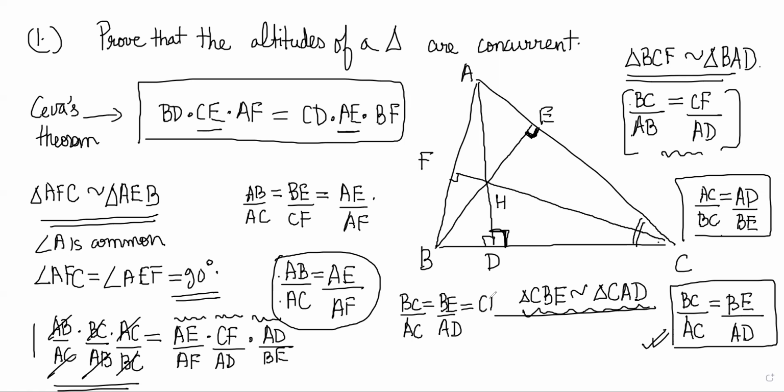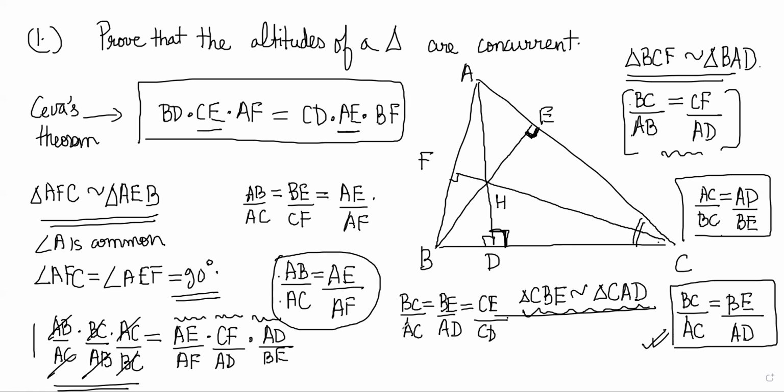This is CE by, and in the other triangle CAD, opposite to angle A would be CD, right? Correct. So we get BC by AC is CE by CD.